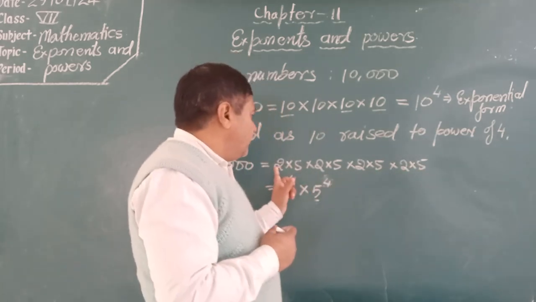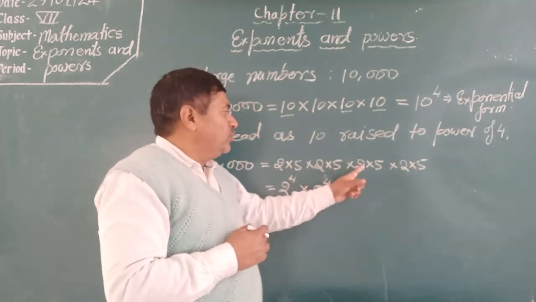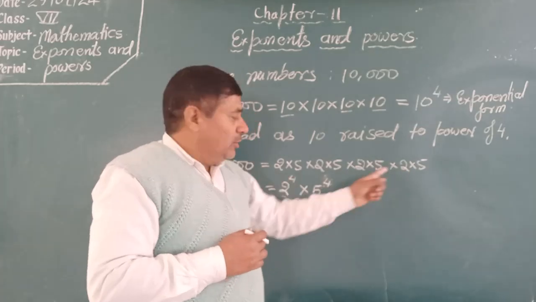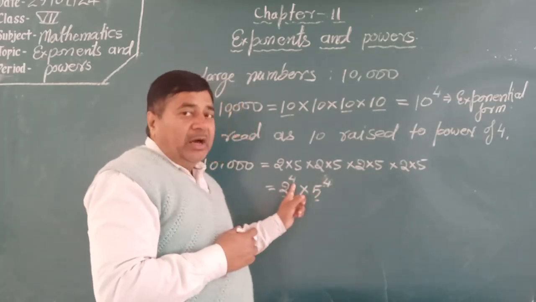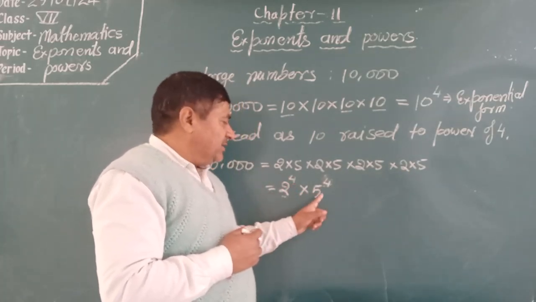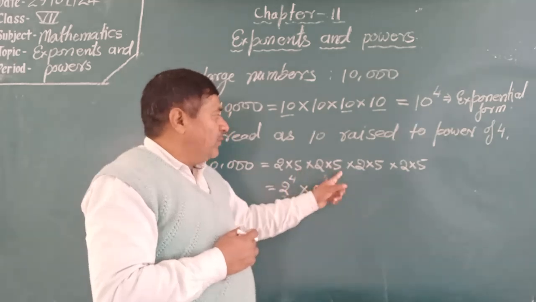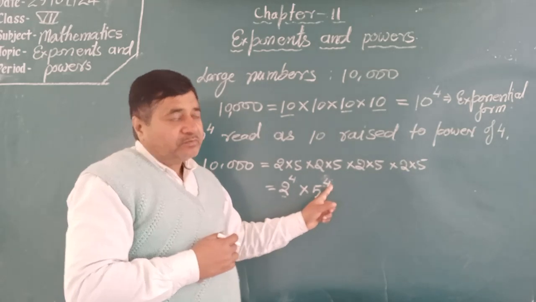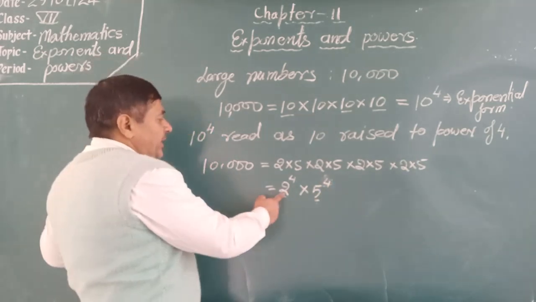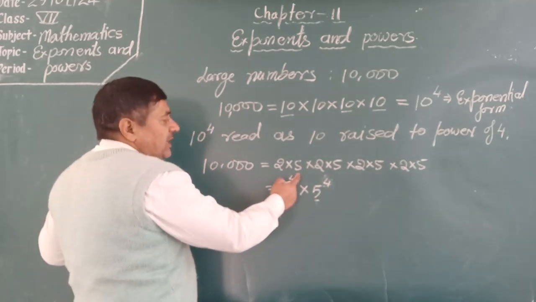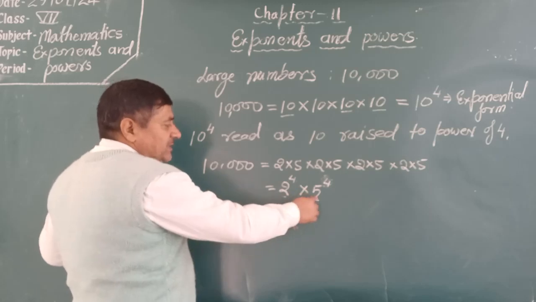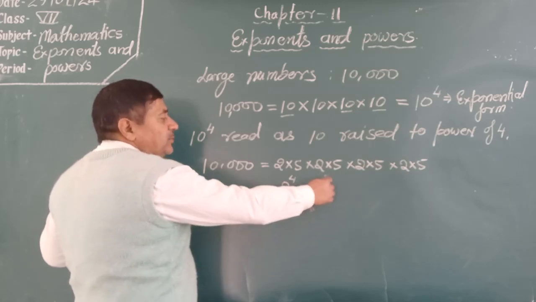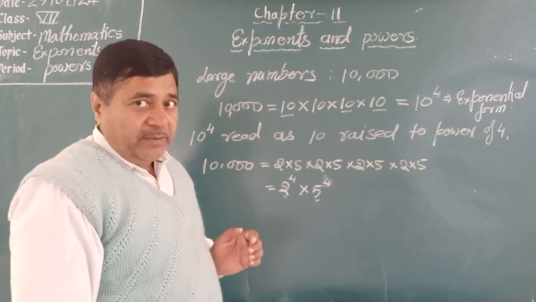So here we obtain 2 into 2 into 2 into 2, which will be 2 to the power 4. And 5 also 4 times, then we can write 5 to the power 4. Here 2 is a base and 4 is an exponent. Here base is 5 and exponent is 4.